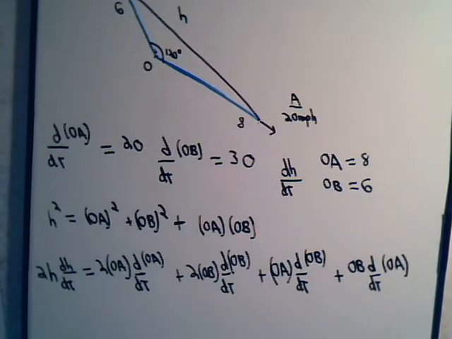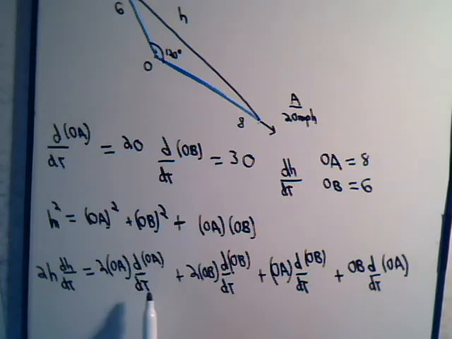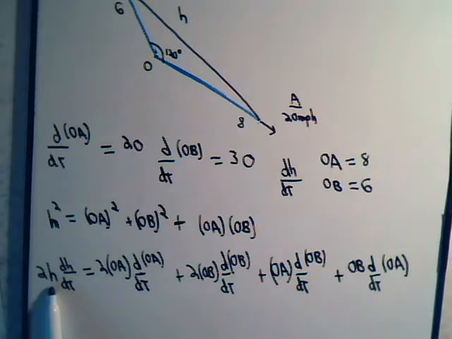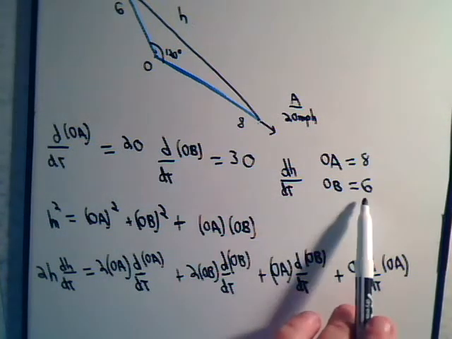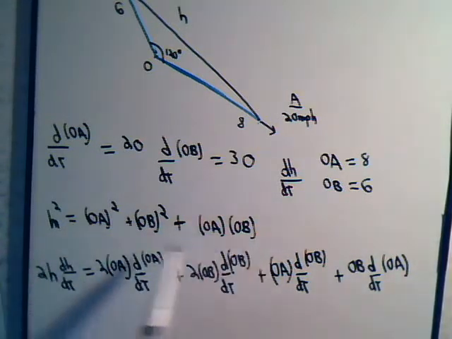So those are the derivatives with respect to t, and we know what this is here and here. And we're also given what OA and OB are. We still don't know what h is when OA equals 8 and OB equals 6, but we can find out. So let's do that right now.